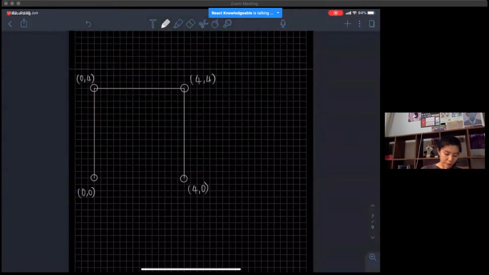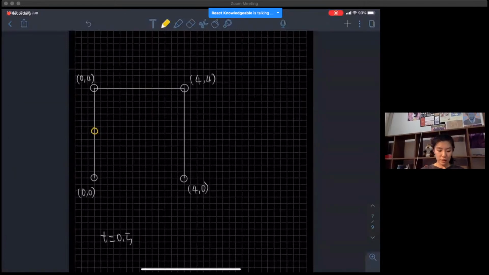So t will be 0.5, and then what will be the first generation? So it looks like the first point will be somewhere here. I don't think I have a good enough approximation, but anyway, the first point will be here, and the coordinates will be (0, 2).